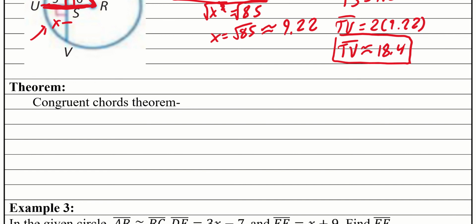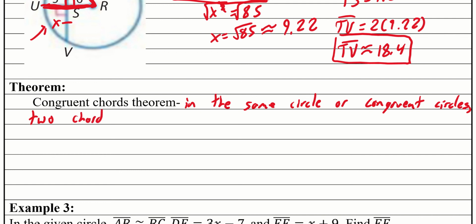Okay, and we're going to say this. We're going to say in the same circle, or congruent circles, okay, either way works, whether that's in the same circle or in congruent circles, two chords are congruent.